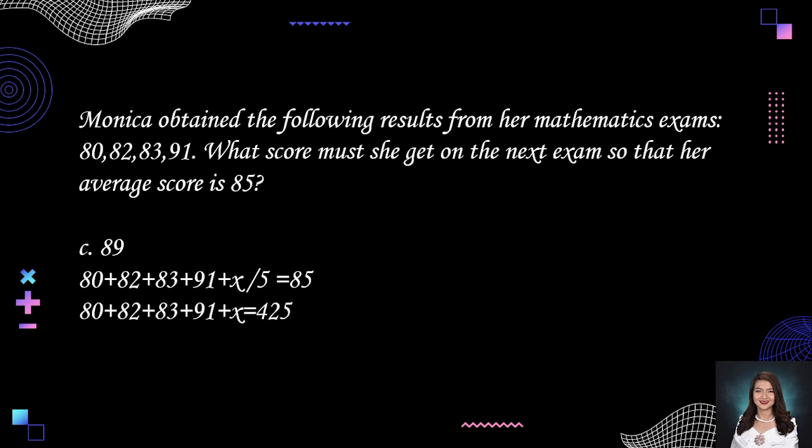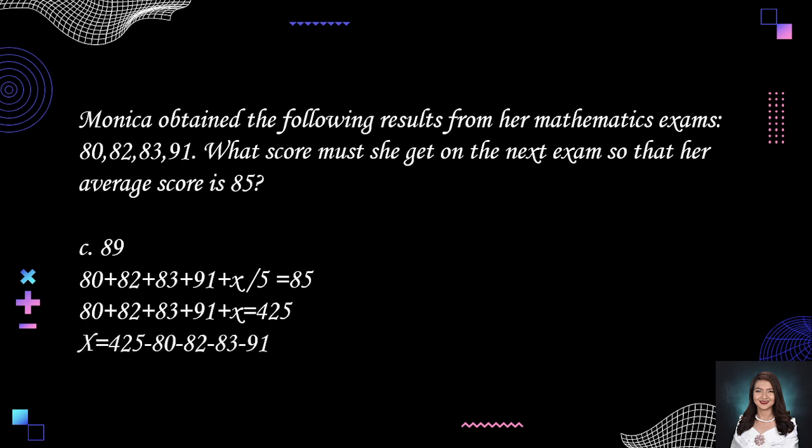Next, we must multiply 5 by 85 to remove the denominator. So now we have 80 plus 82 plus 83 plus 91 plus X is equal to 425. To get the value of X, we need to transpose the 80, 82, 83, and 91 to the other side.